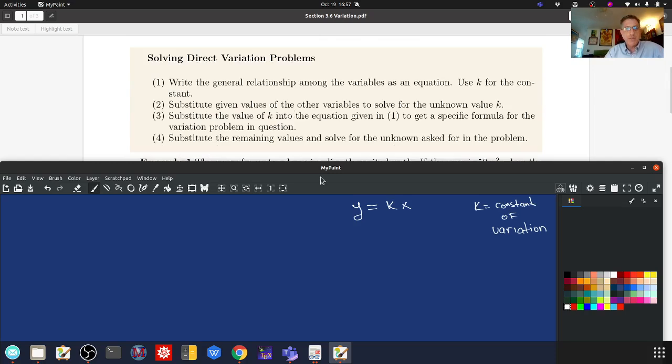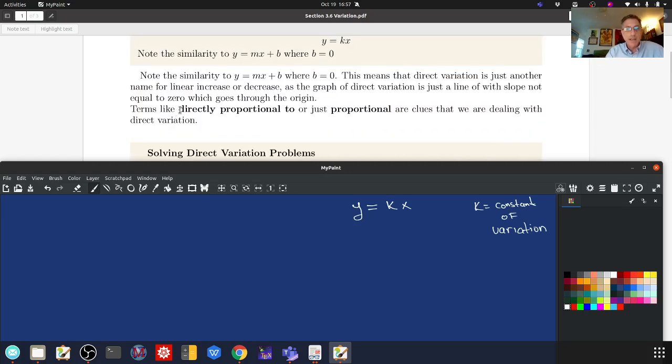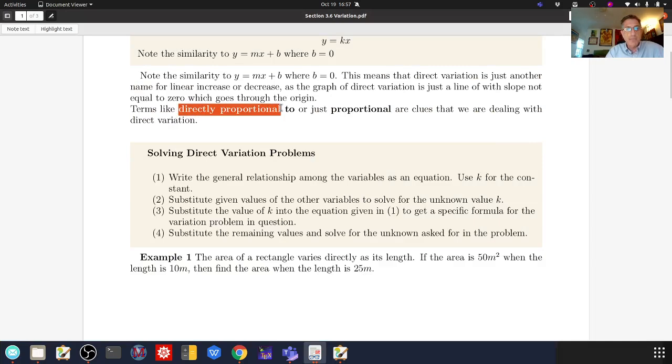So how do we solve problems in direct variation? So first we have to determine what type of variation is in question, and literally the problem will tell you. The problem will say something like directly proportional or varies directly.